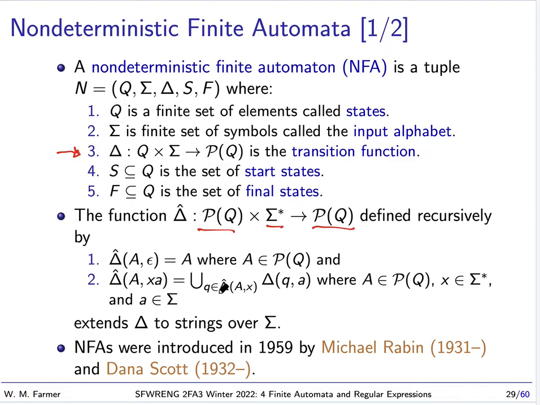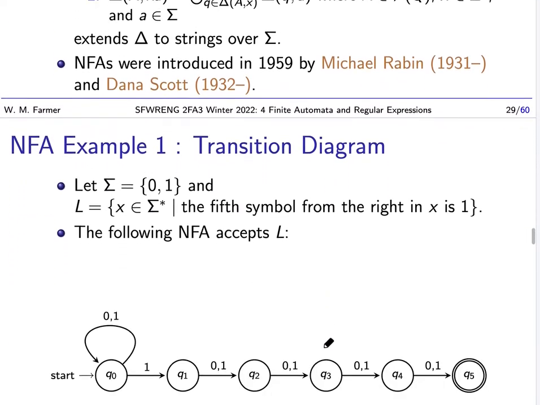These NFAs were introduced in the late 50s by Michael Rabin and Dana Scott, who were both students of Alonzo Church.